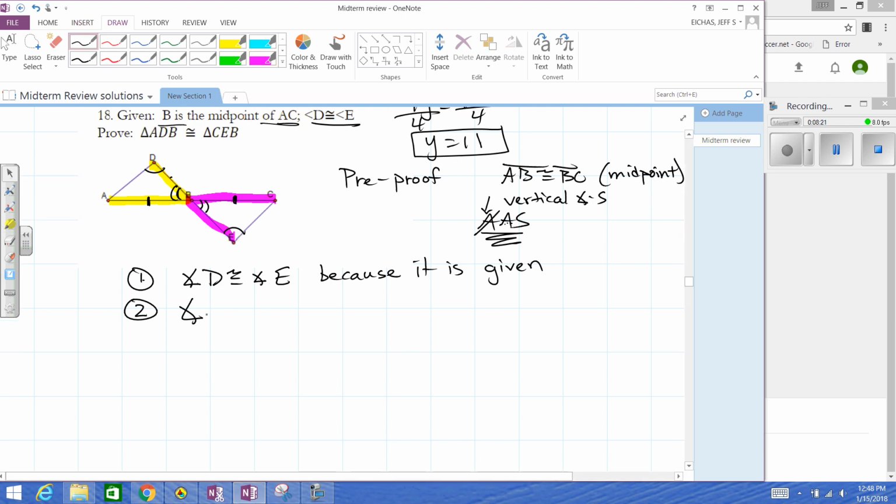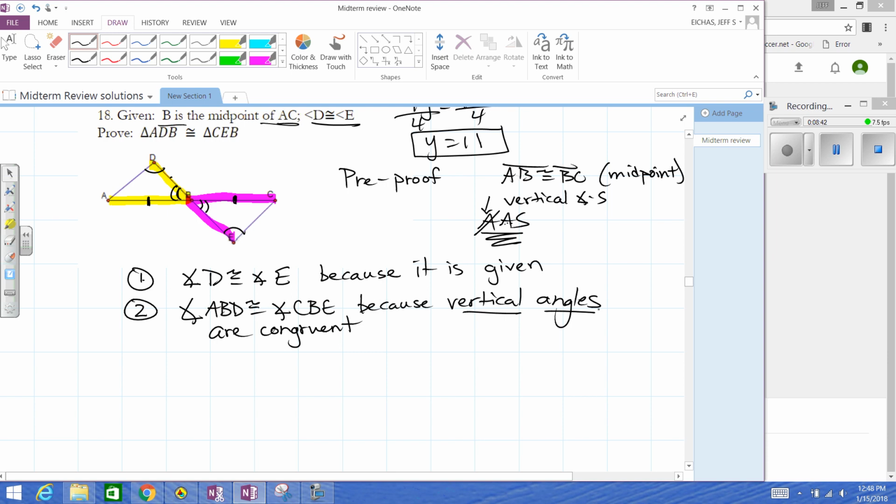So angle ABD is congruent to angle CBE, because vertical angles are congruent. So you're identifying the fact that you know that, and that's a theorem in our geometry course.